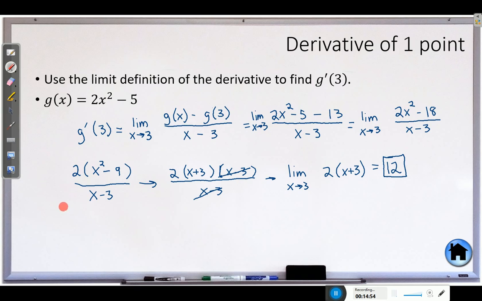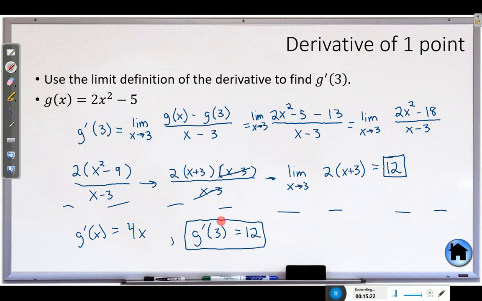Now, we can do that a whole lot easier, because we know derivative properties. We know g prime at x is equal to 4x. And so we know that g prime at 3 must equal 3 times 4, which is 12.